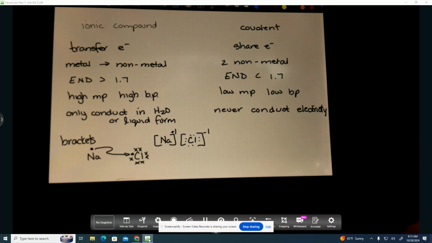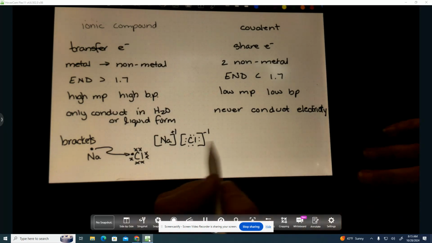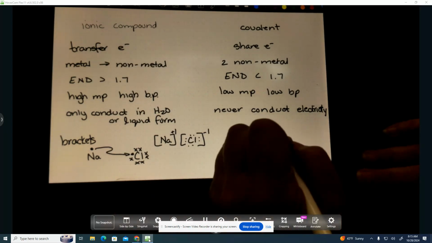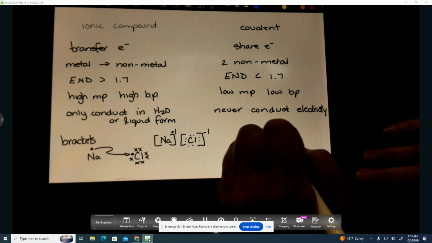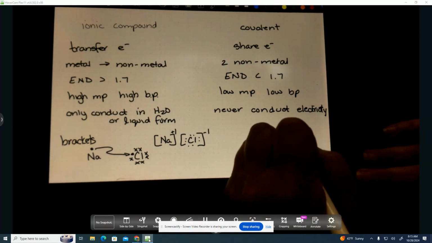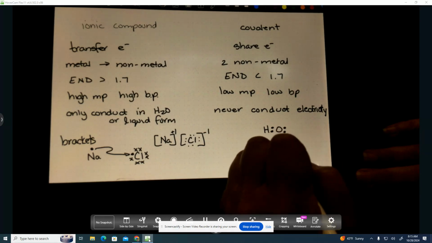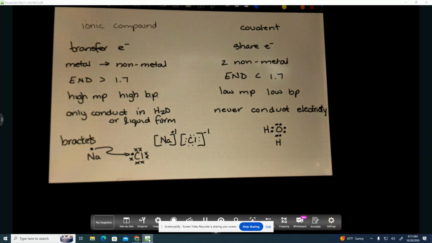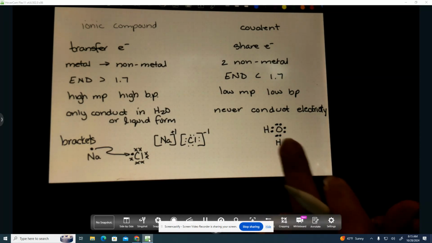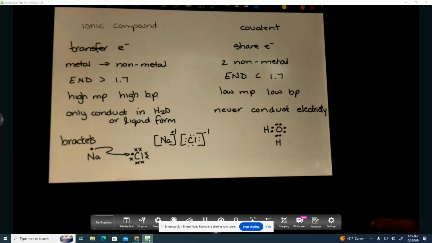That's how you draw an ionic compound. If you're drawing a covalent compound, you don't do all this fancy bracket stuff. I'll just draw water because it's a nice easy one. You just move the electrons in. There's a series of steps for these covalent ones when you get more complicated.